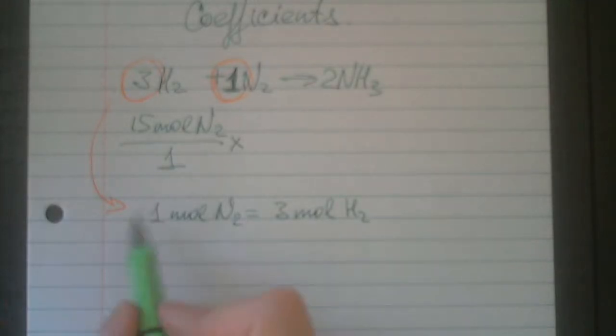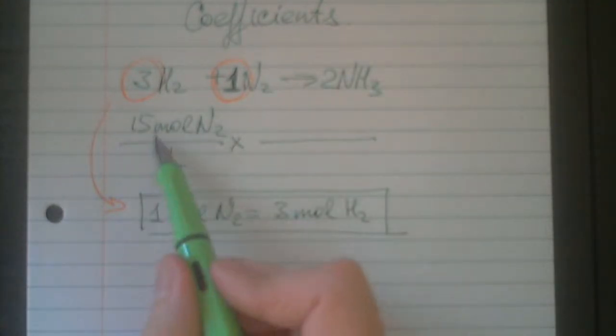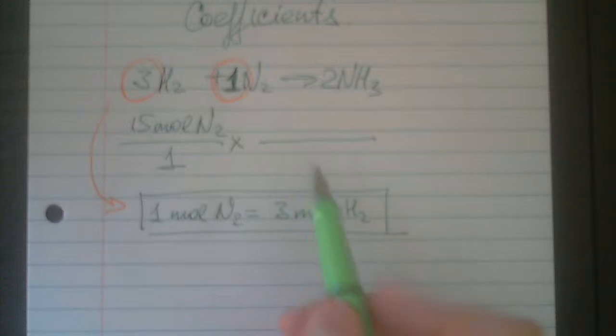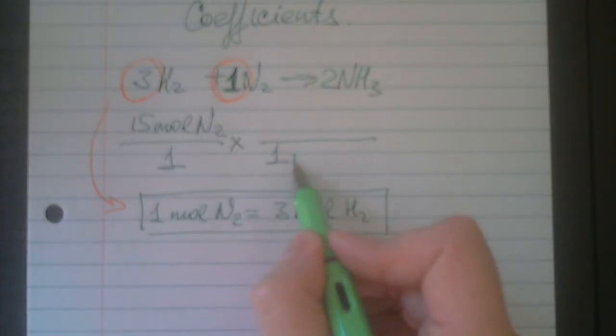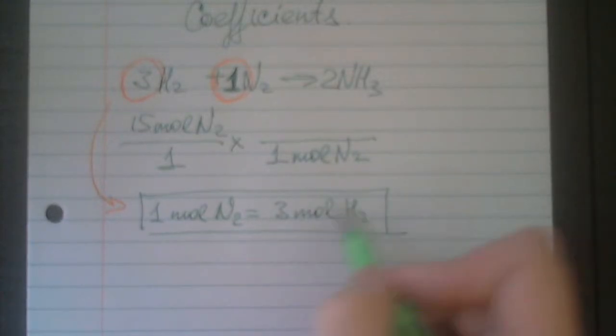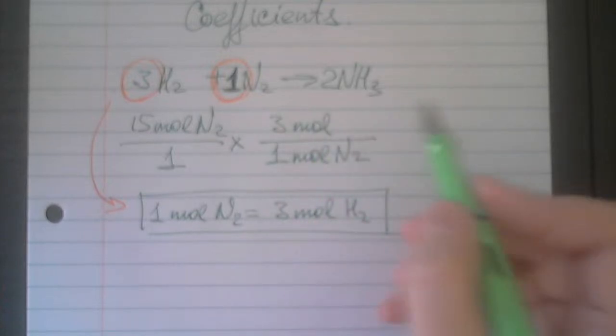Okay, so if this is my conversion factor that will help me, I will place it into my fraction over here. I want moles of nitrogen to disappear, so I will place moles of nitrogen into the denominator because I want them to be cancelled out. Moles of nitrogen and 3 moles of hydrogen.